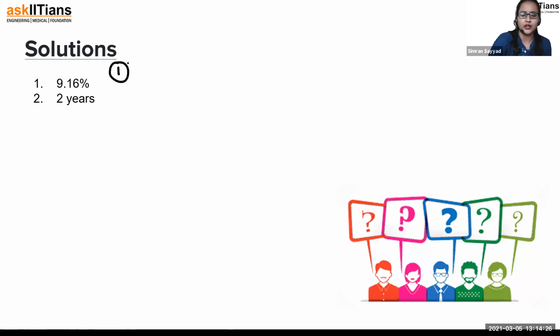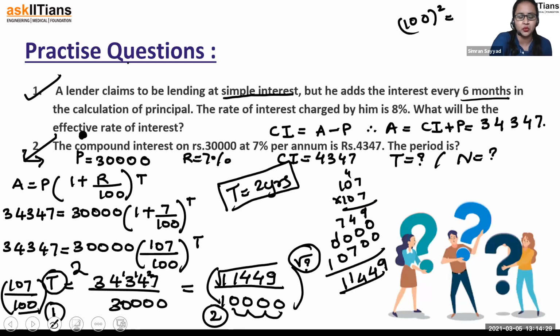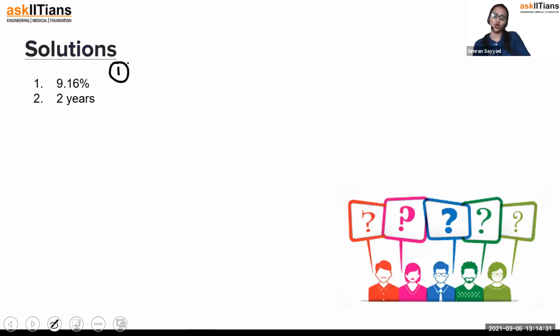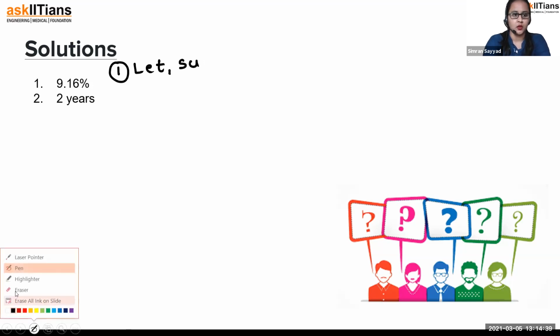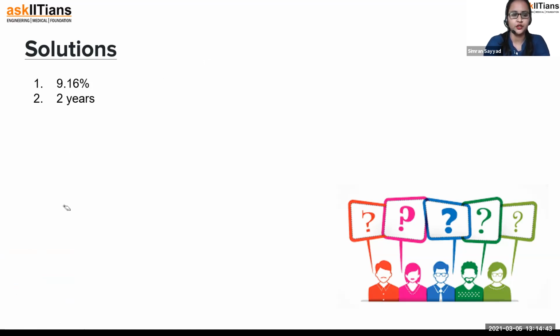We don't know the sum amount, we don't know the principal amount. So when you don't know anything, you consider it as x.